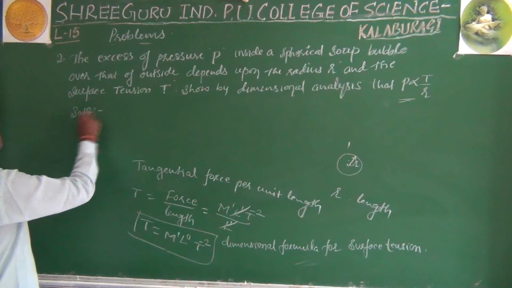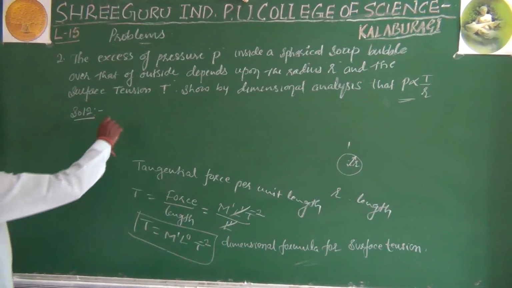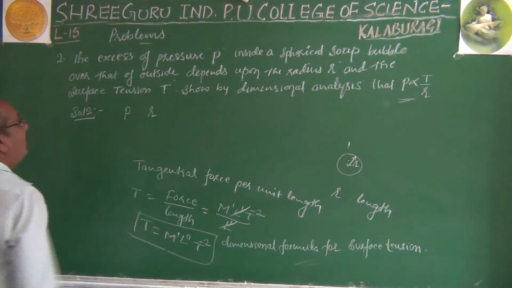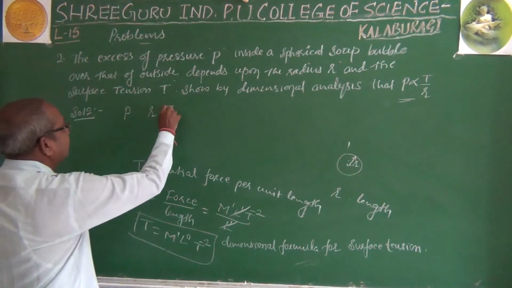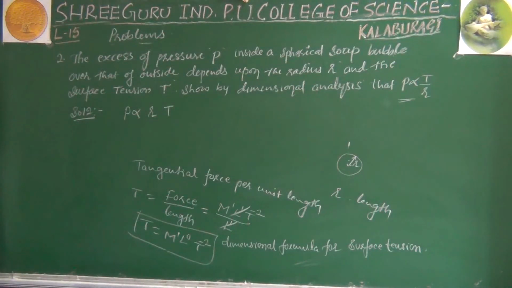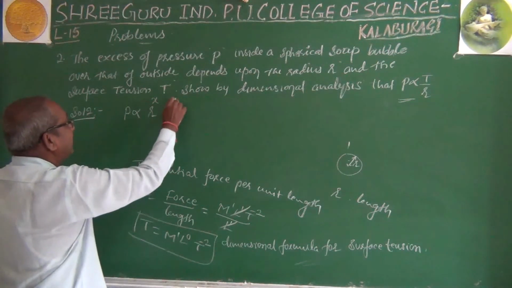Solution. As the excess of pressure inside a spherical soap bubble over that outside depends on radius, that means pressure depends on radius and it depends on surface tension. Hence we will write P is directly proportional to R and T. We don't know how it will be related, so again we have to take x and y.